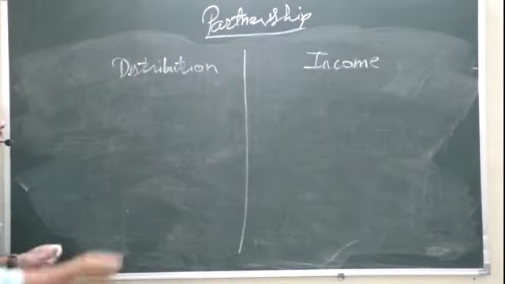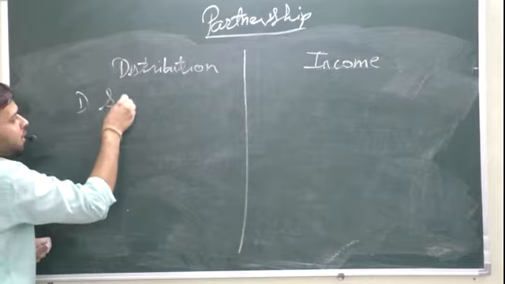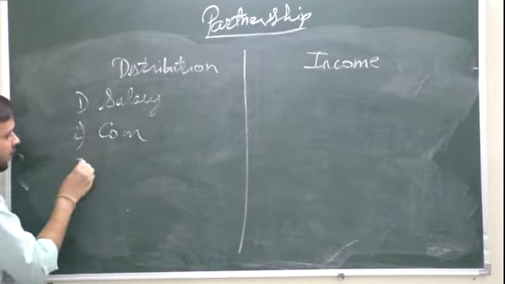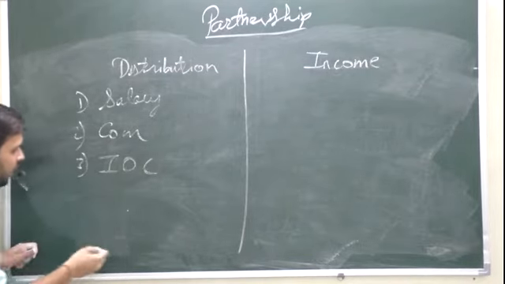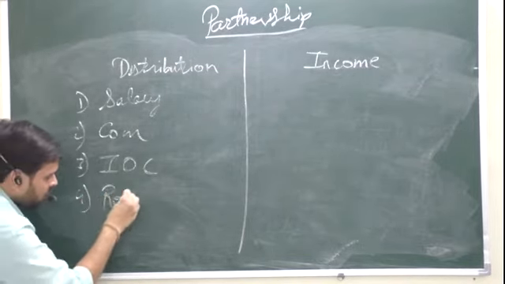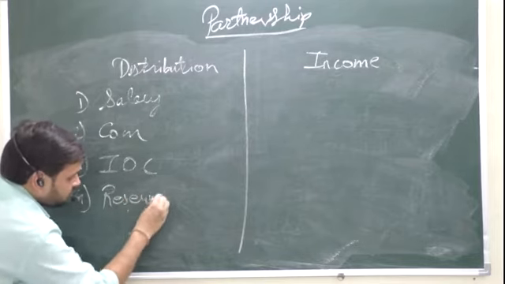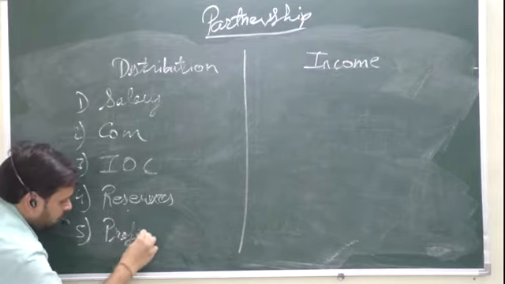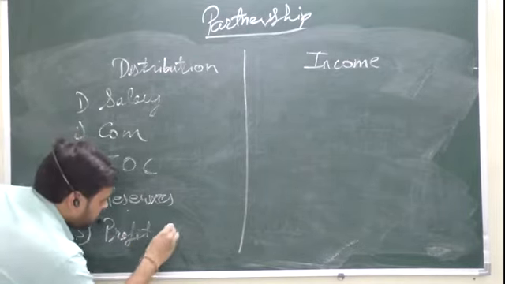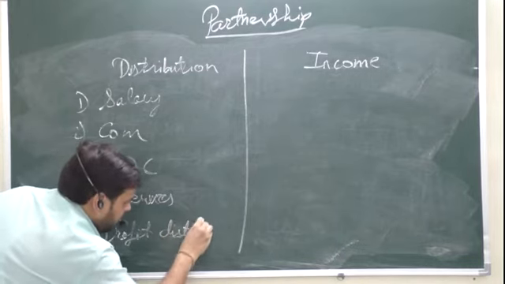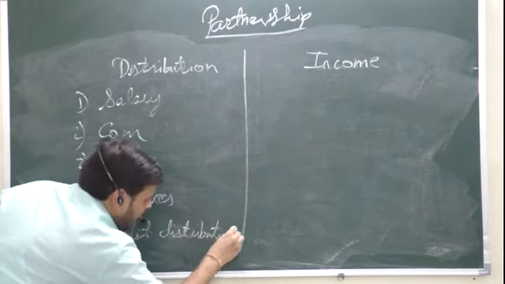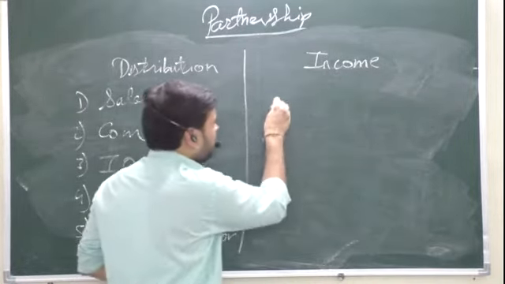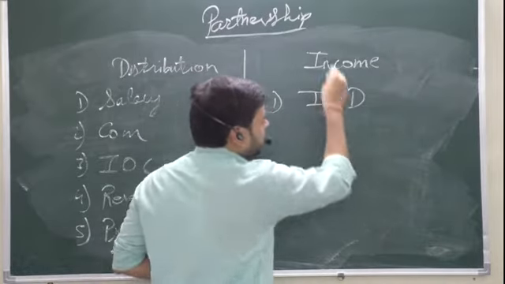Distribution comes in the form of salary, commission, interest on capital, reserves, and fifth is profit distribution, and one income that the firm will charge from the partner, that is interest on drawings.